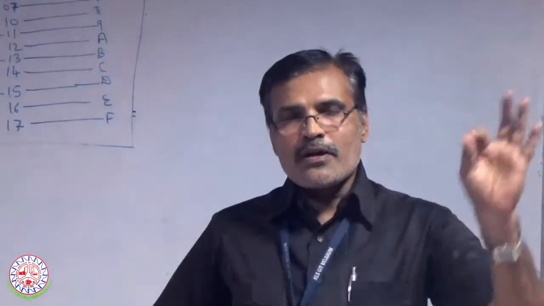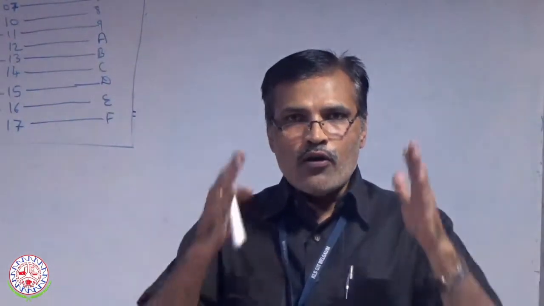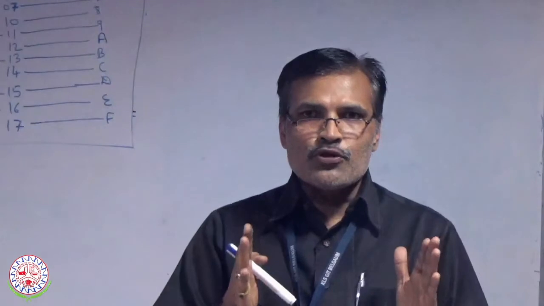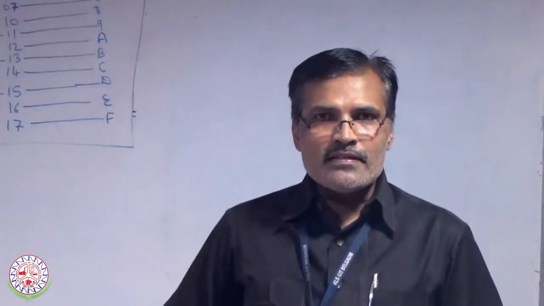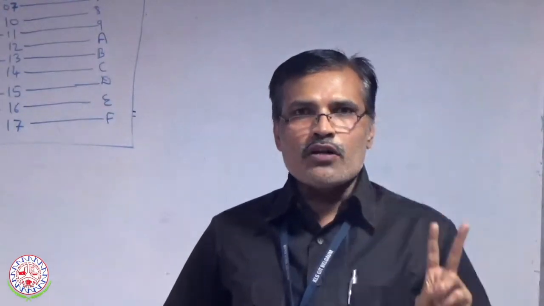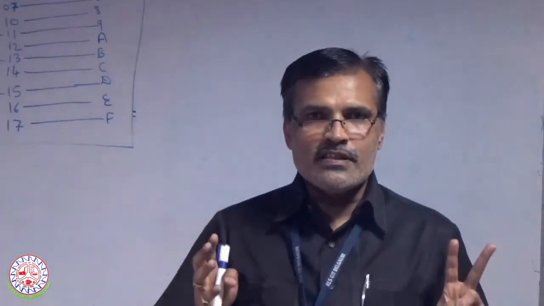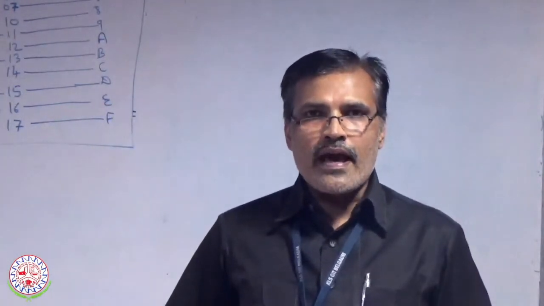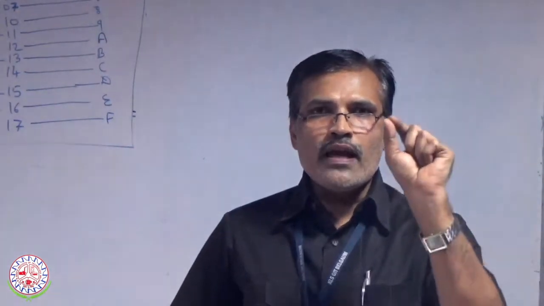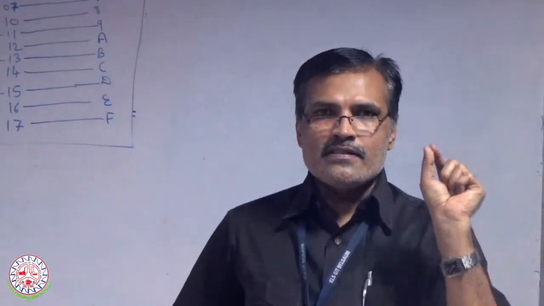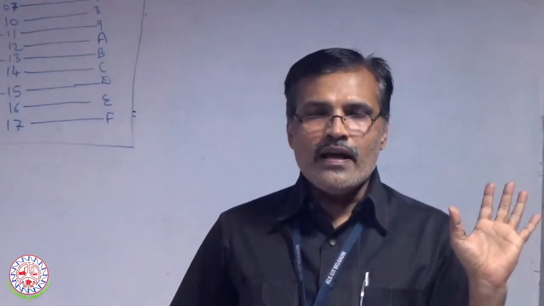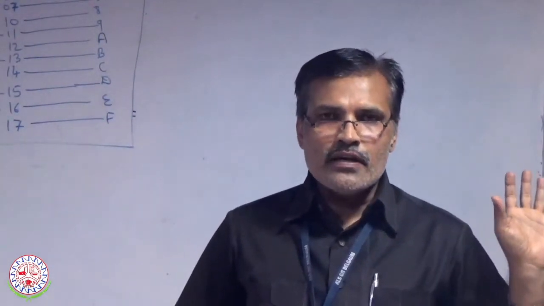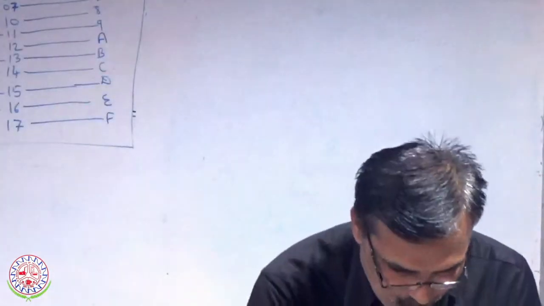But in the decimal number system, we have 10 symbols at our disposal, whereas in this case we have only 2 symbols at the computer's disposal. Whatever has to be carried out should use only 2 states or symbols, that is 0 and 1. We should keep this in mind. Let us continue now.